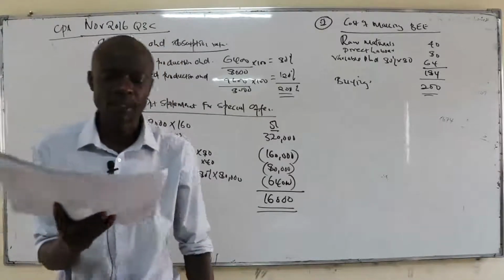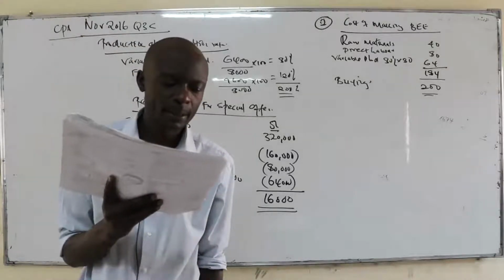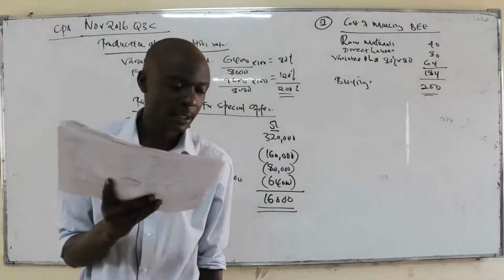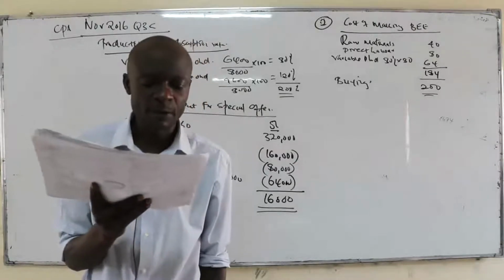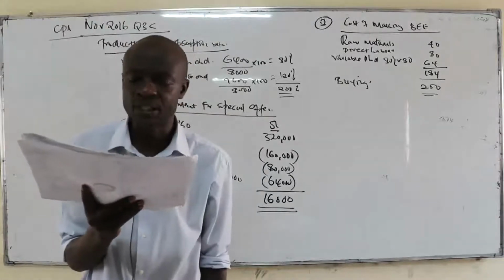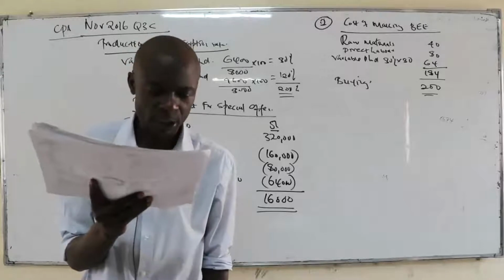So the question reads, question 1C. NEB Limited manufactures 3 products, namely A, B, C, which use the same inputs but in different quantities.